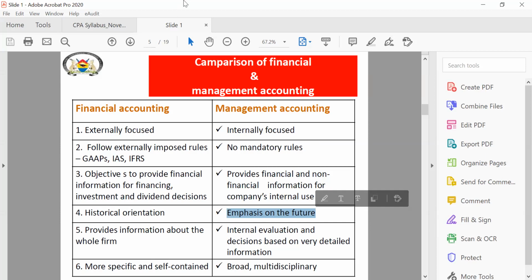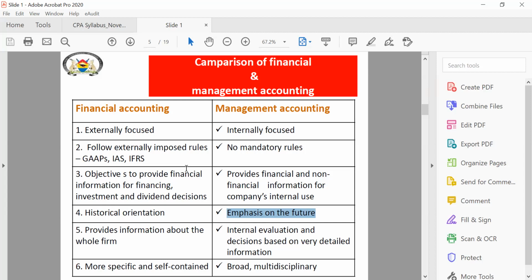It will go ahead to look at all, say, expenses for the period. And the profit or loss that it provides to you will be for the overall business. Management accounting just looks at a section of the business where management wants to make decisions, okay? Just the section of the business where management wants to make decisions.